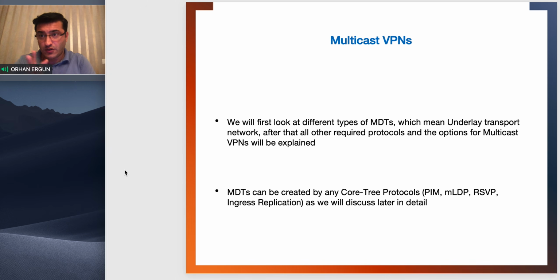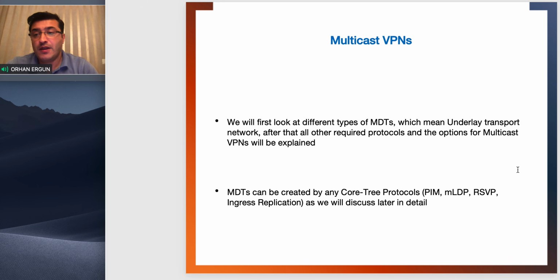Okay, I will first start from the distribution trees. So we will first look at the different types of MDTs, which means underlay transport. MDT, multicast distribution tree, transport network first, and then service. Like MPLS, normally when I teach, also first transport, the tunnel I mean, the LSP between the PE devices, and then on top of that, what I am signaling, what I am teaching between those edge points.